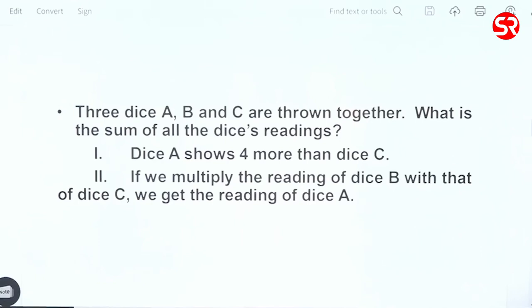Subham Babu, 4. Anyone else, guys? The boy at the back. I'm forgetting your name. Divyansh, what is your answer?